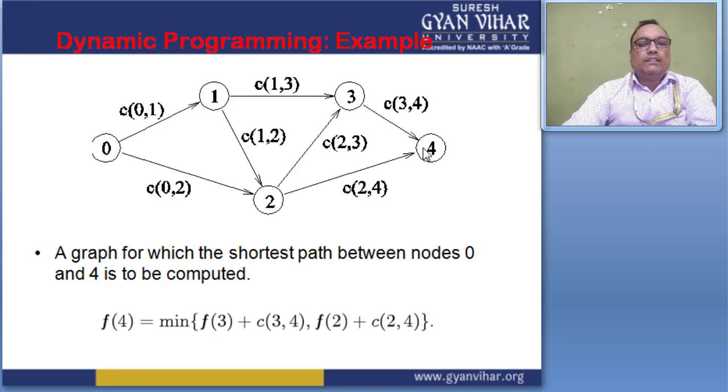For a graph for which the shortest path between node 0 and node 4 is to be computed, f4 equals the minimum of f3 plus c3,4 and f2 plus c2,4, right? So this is the f4 node for this analysis.